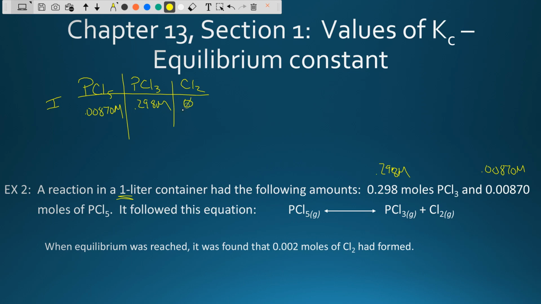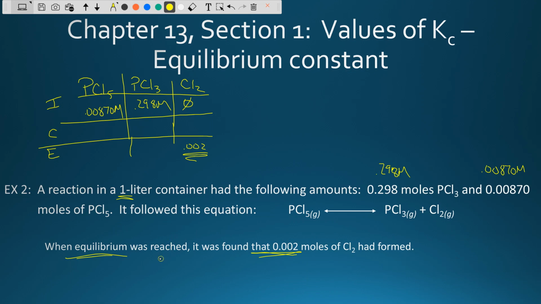We have the initial values, and at the end I end up with 0.002 because that's the change in value. Now notice I'm going to work this problem backwards, because it said that when we finally hit our equilibrium, we saw 0.002 moles of chlorine had formed.